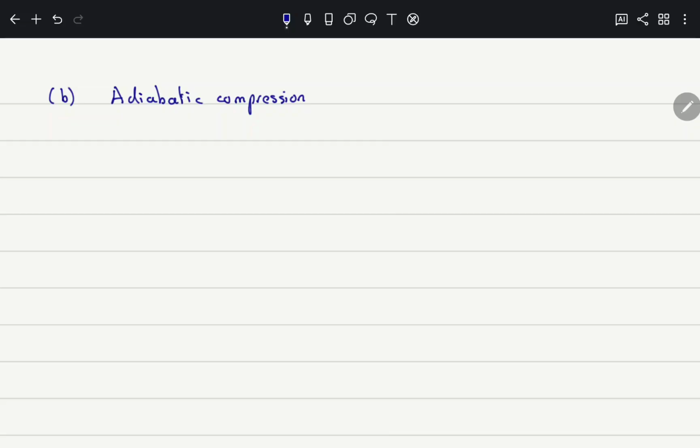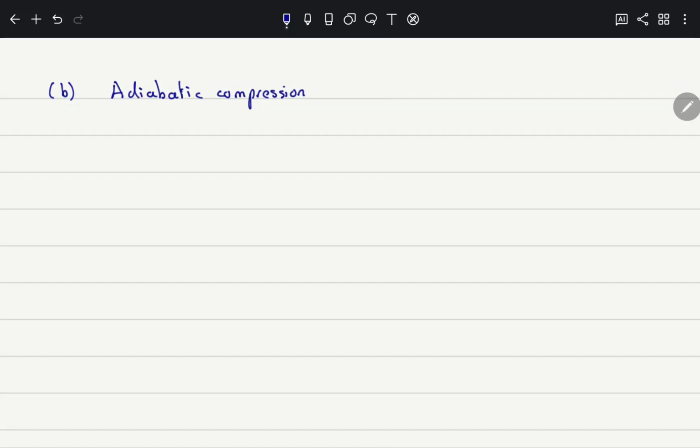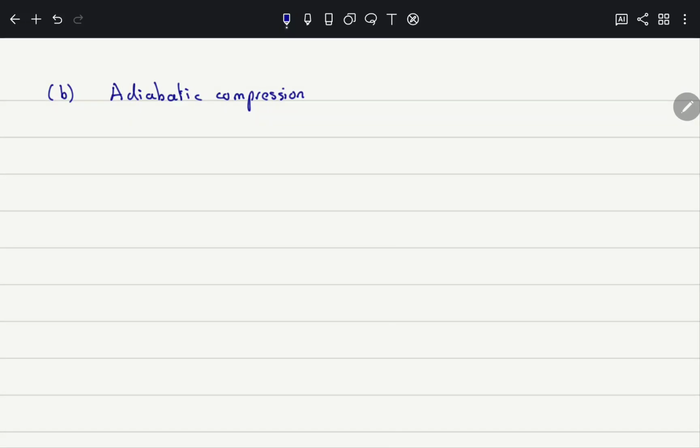If you have adiabatic compression, then in this case, the relationship that we have for the gas, with respect to the temperature and the molecular weight, is no longer P over rho equals a constant, but P over rho to the power of gamma equals a constant.